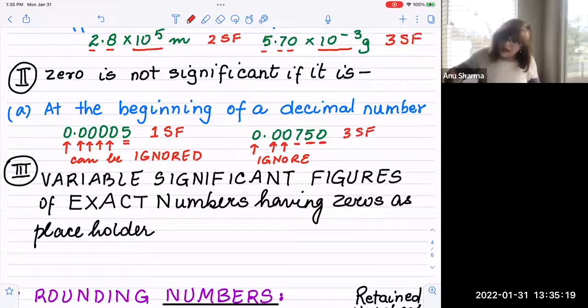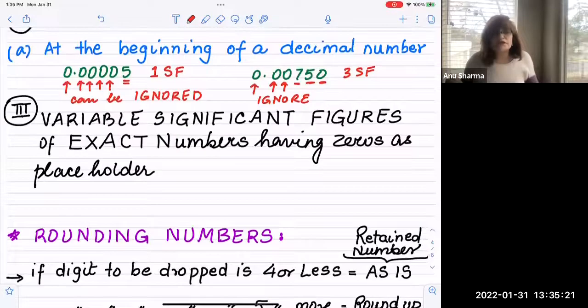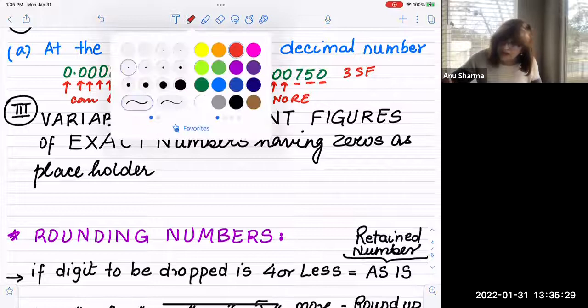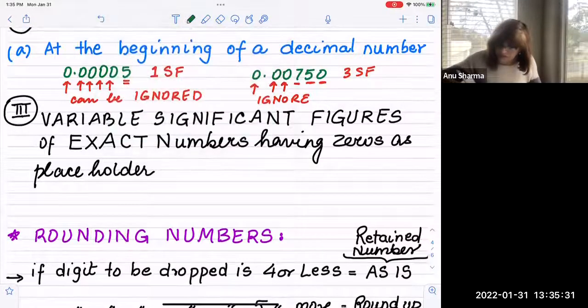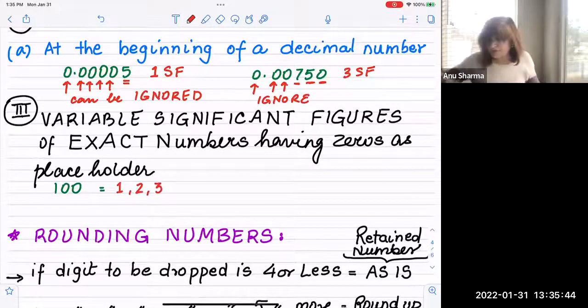All right, now exact numbers can have variable significant figures because exact numbers can be written in scientific notation. Therefore, this number 100 can have 1 significant figure, can have 2 significant figures, and the maximum can have 3 significant figures. So it can have all 3 because these numbers can be written in scientific notation.